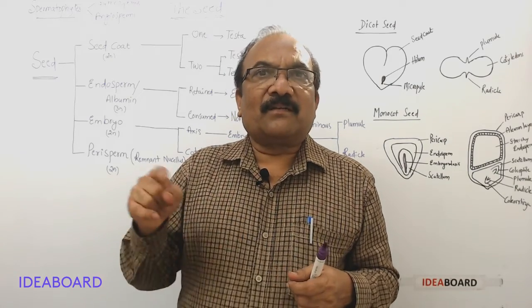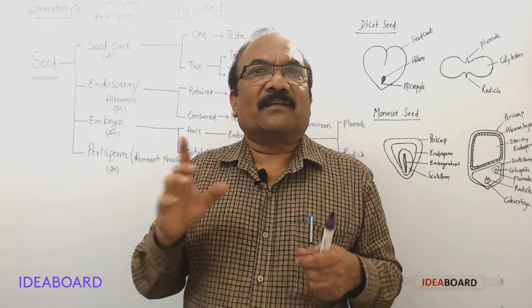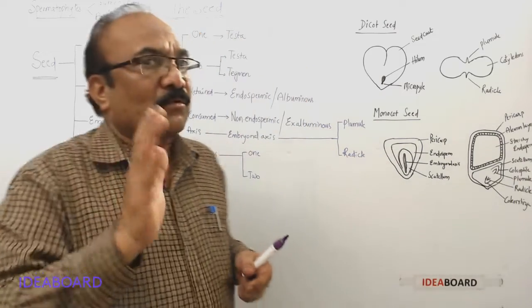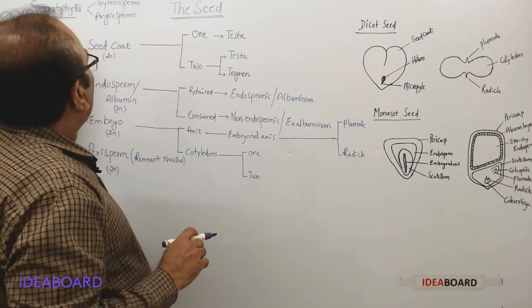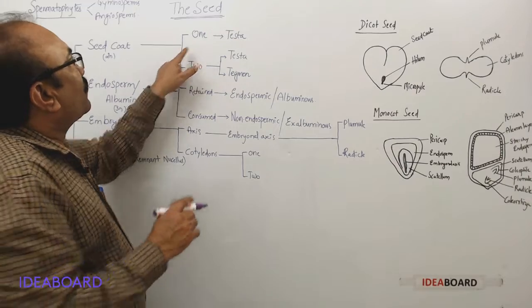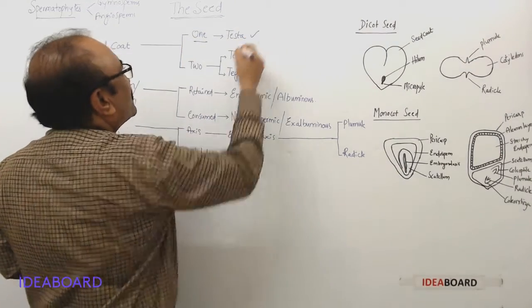So, the integument changes into the seed coat after fertilization. That's why if a unitegmic ovule became a seed, then you will find only one seed coat, and that can be called testa.